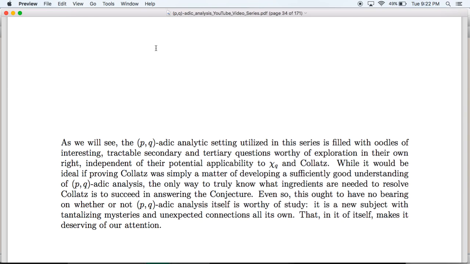While it would be ideal if proving Collatz was simply a matter of developing a sufficiently good understanding of PQ-adic analysis, the only way to truly know what ingredients are needed to resolve Collatz is if we succeed in answering the conjecture once and for all. Even so, this ought to have no bearing on whether or not PQ-adic analysis itself is worthy of study. It is a new subject with tantalizing mysteries and unexpected connections all its own, and that, in and of itself, I think, makes it deserving of our attention.